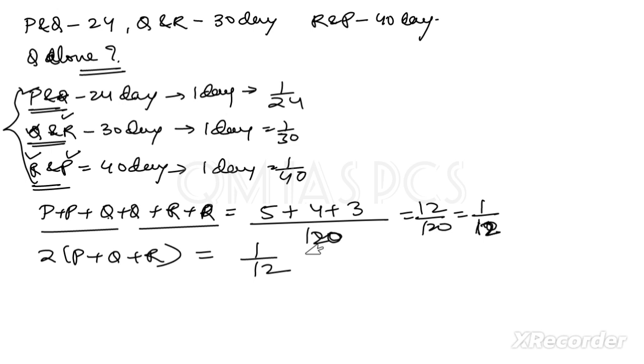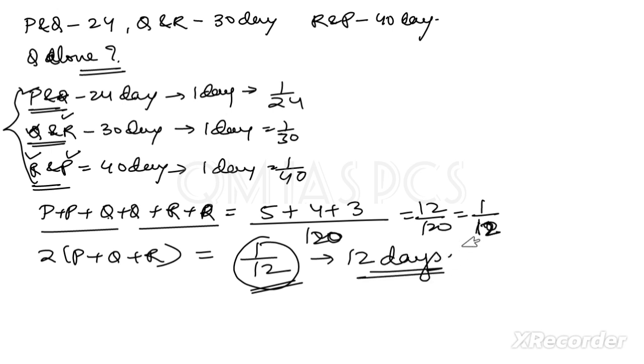So 1 by 12 part is done by P, Q and R. If this is 1 by 12 part, you can say 12 days. I have told you how to convert this reciprocal to the number of days. So 2 times of P, Q, R takes 12 days. So P plus Q plus R, how many days are they taking?